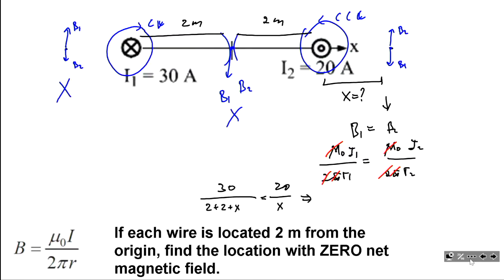Now we just have to do simple math. 30 times x will be equal to 20 times (4 plus x). And as you can see, this is not a quadratic equation. So it's much easier to solve than we had to do it for the gravitational field or for the electric field.